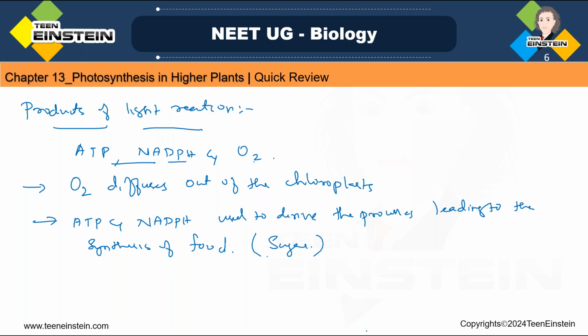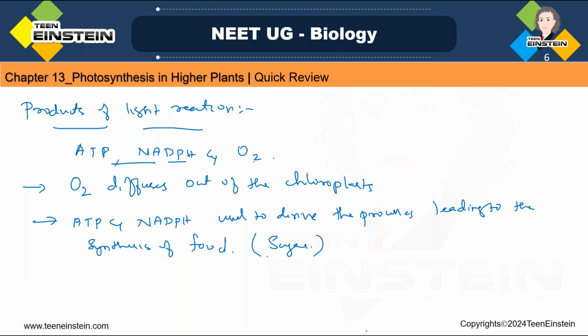In that, we are learning about photophosphorylation, cyclic and non-cyclic, and the chemiosmotic hypothesis, which is the mechanism of ATP synthesis in the chloroplast. That's all about the light reaction.